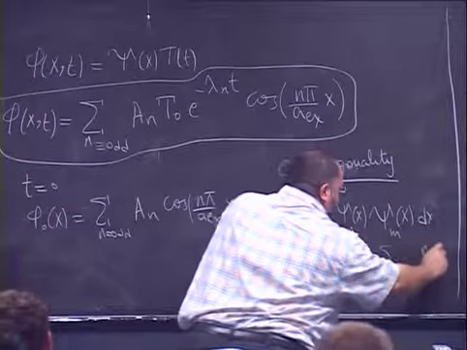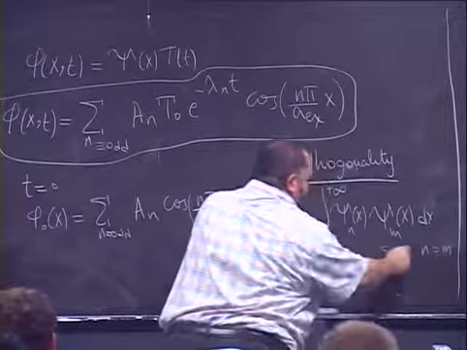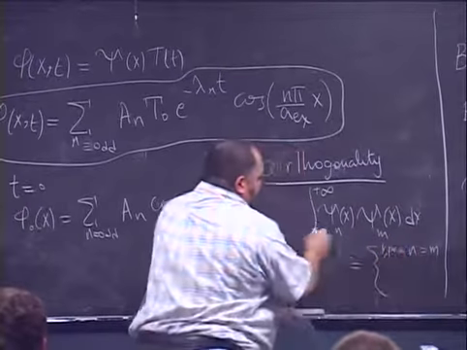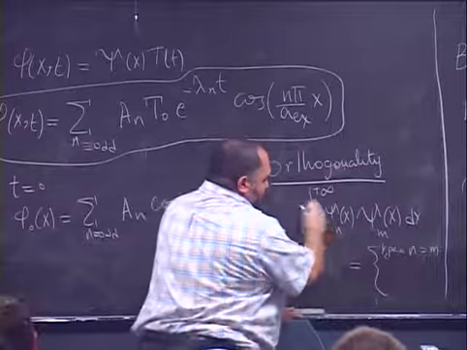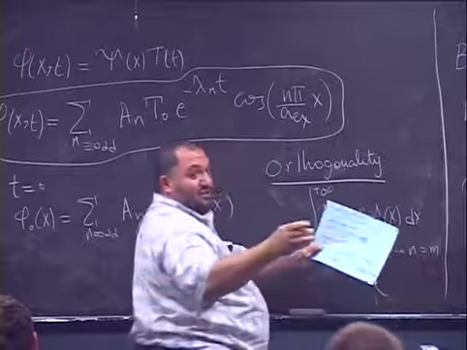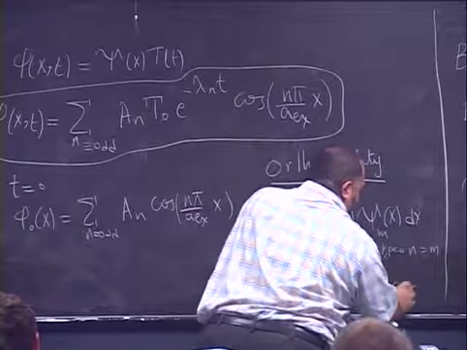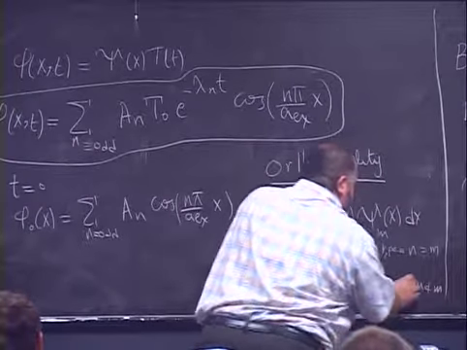So if n equal to m, this will give you half the period that you are integrating. Here, of course, for cosine and sine the period will be just the periodic length. And it will give you 0 when n is not equal to what? m. This is called orthogonality.